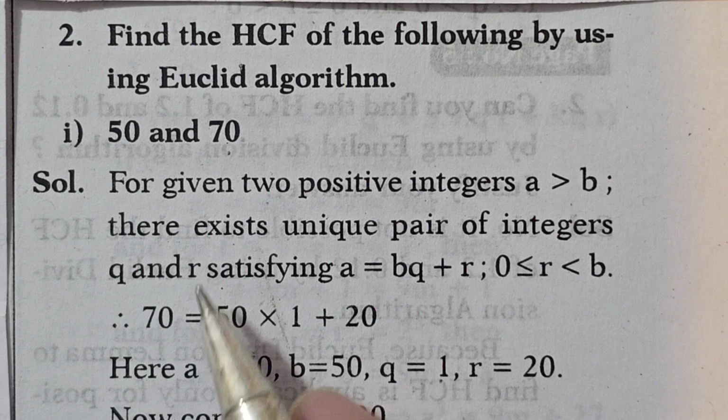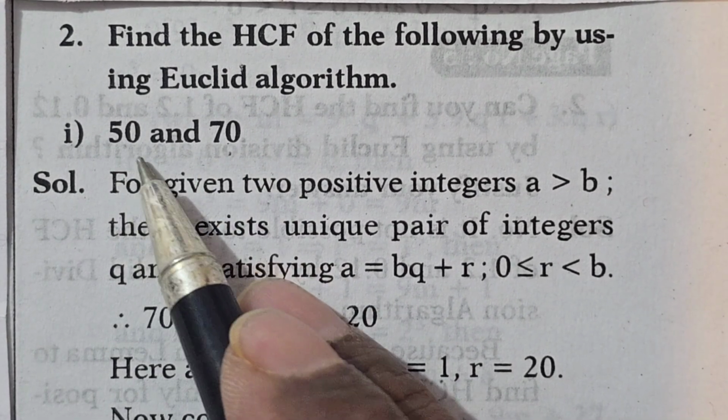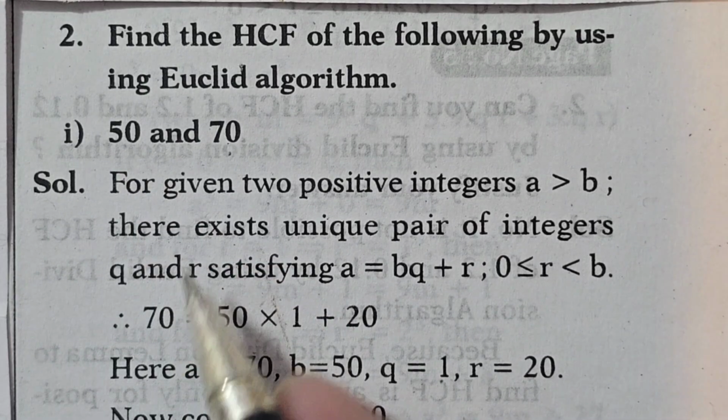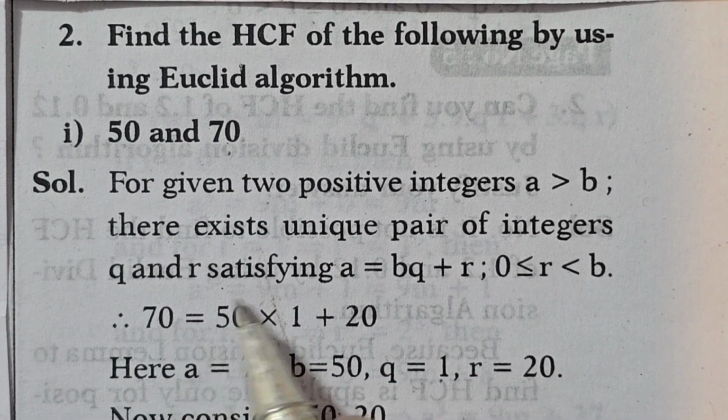Now A is 70 because 70 is greater than 50. So B is 50.